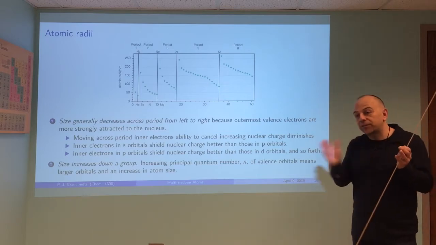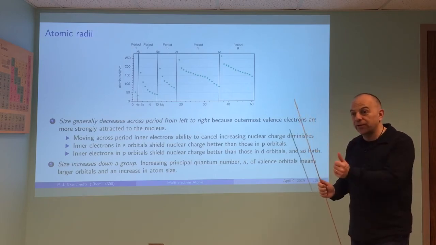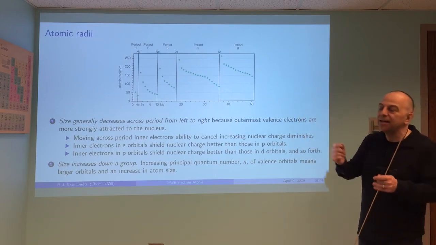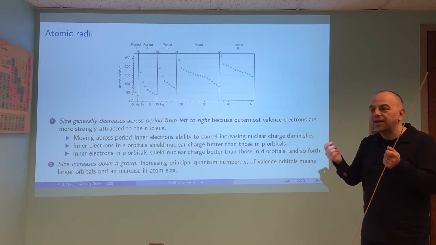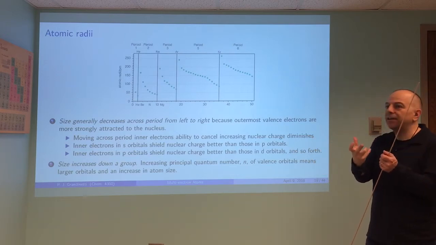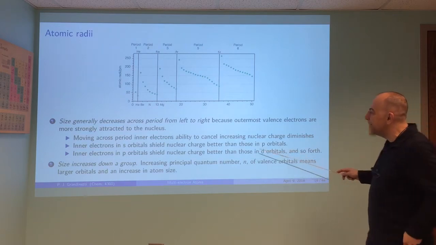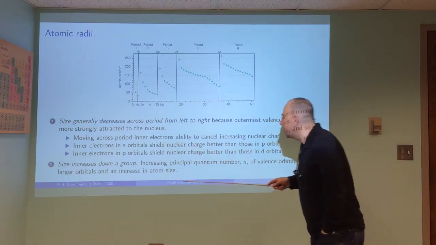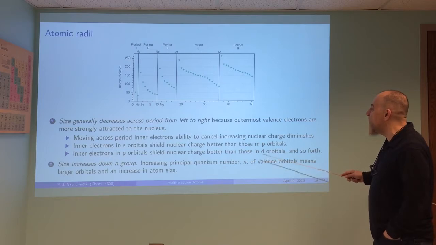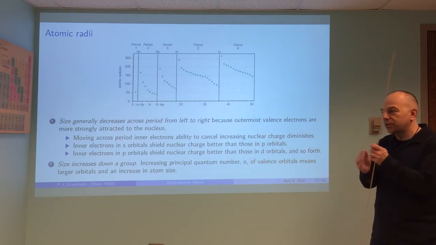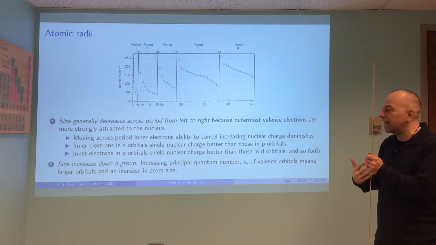Now when you go from left to right, the nuclear charge is also increasing, but then you're adding an electron. But that electron that you're adding is seeing a stronger effective nuclear charge as you move from left to right. And the reason is reasonably simple: when you move from left to right, the ability of those screening electrons to screen the nucleus gets less.